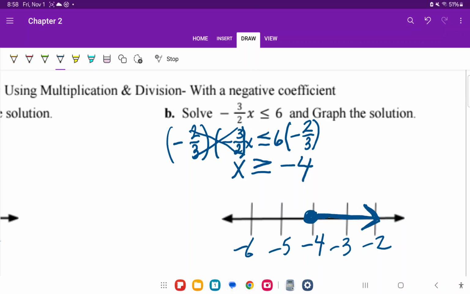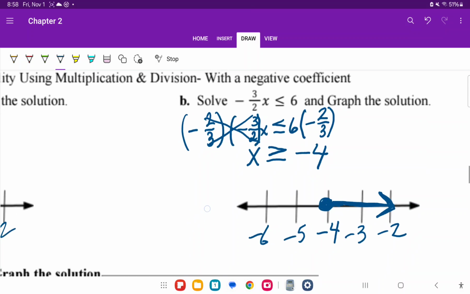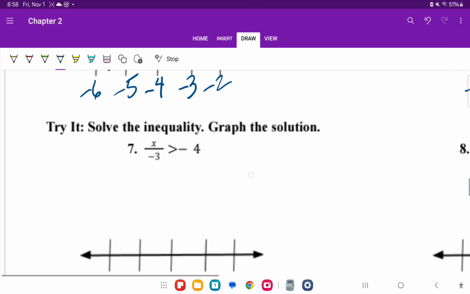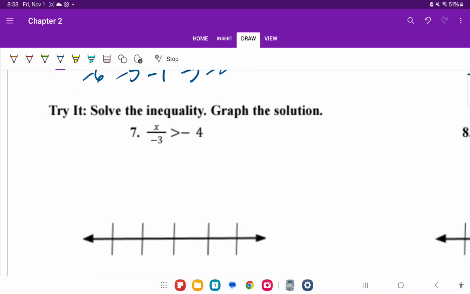Okay, so I want you to take a minute and try to do some of these right here. I'm going to help you get started on number 7. I'm going to rewrite this just so I can have space to talk about it.